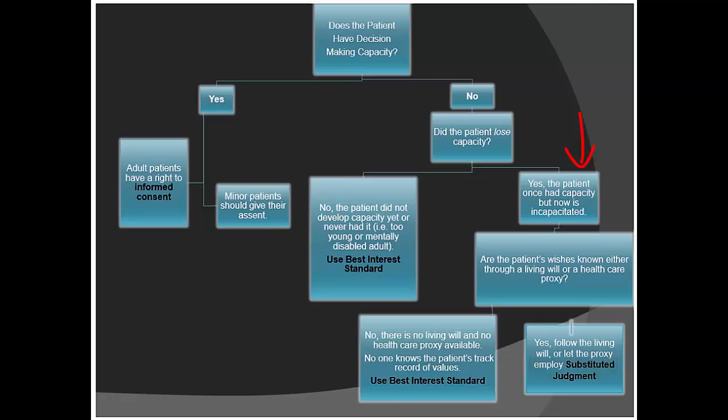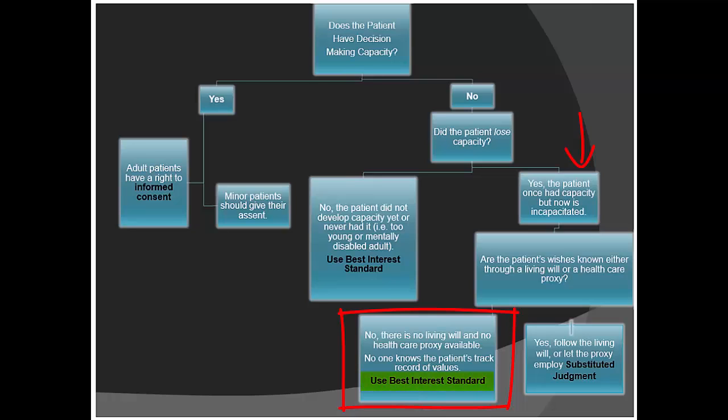In cases where they lost capacity, sometimes, unfortunately, there is nobody available to help in the decision making, no family member, no friend, nobody there accompanying the patient who doesn't have capacity, and moreover, there's no living will to help. So in those cases, like we had to do for the young child or the person who never had capacity, you have to use a best interest standard.